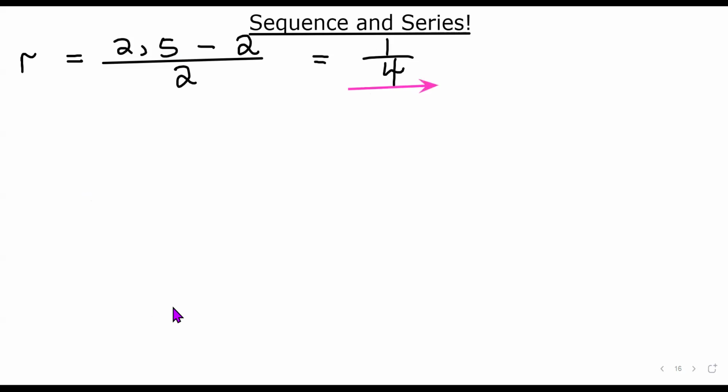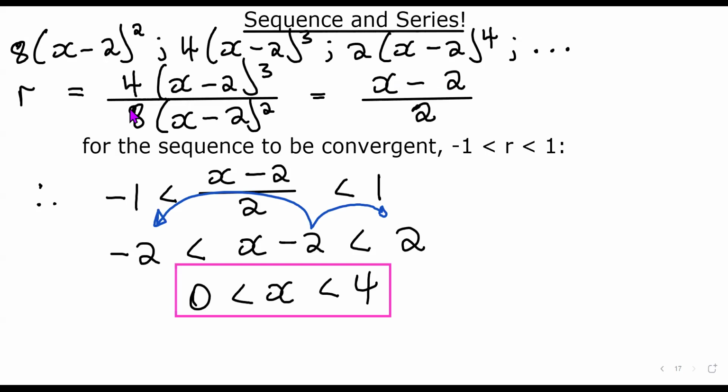That's fine. You don't need to determine the series or the sequence itself. You just need to find the first term. And that means you only need to substitute x into the first term.